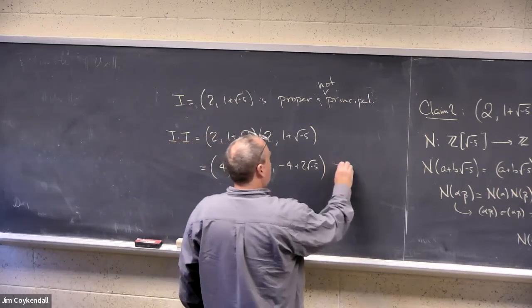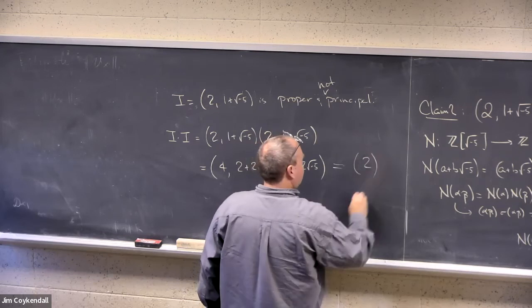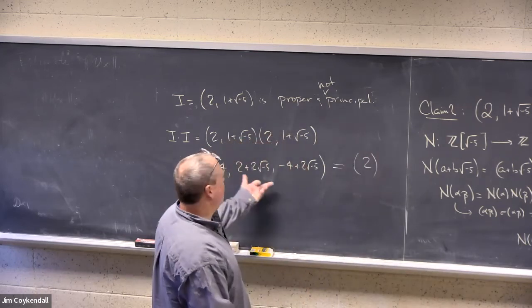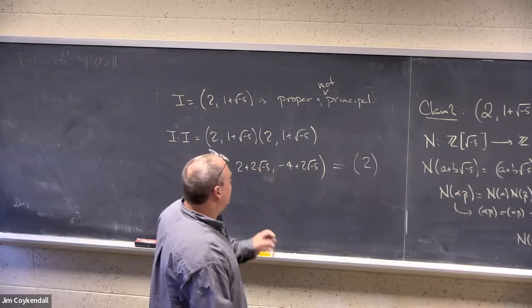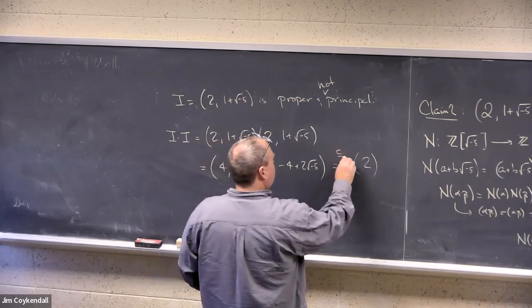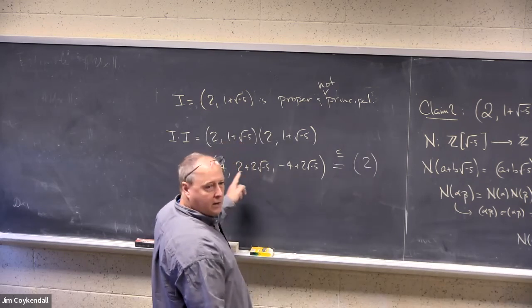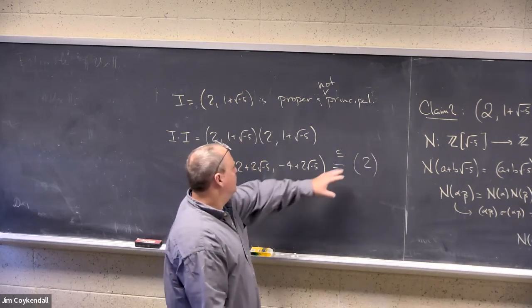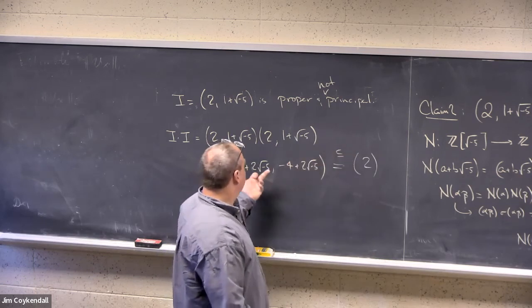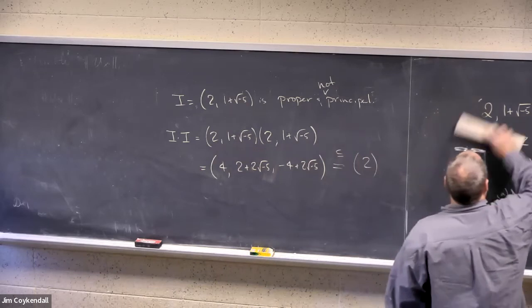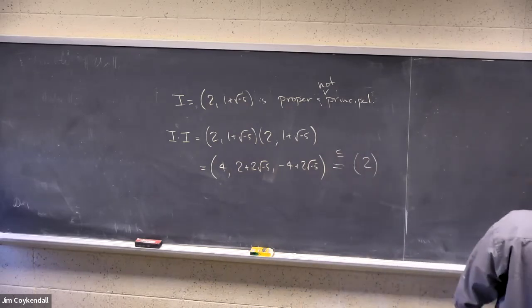This is actually equal to the ideal generated by 2. That's kind of weird, right? It's a thorough generator, but let me point out that this containment is fairly easy, because 2 certainly divides everything here, right? No problem. So this contains this. How do we know that the left side is contained inside the right side?